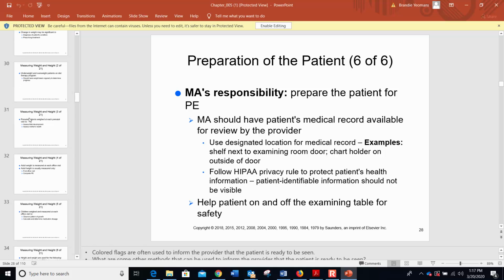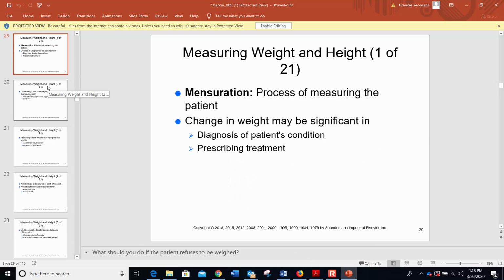But what we're going to do, the base of the scale, which is called the platform, this is the part where the patient steps up and stands. Now keep in mind, most manual scales, that platform is very small and it wiggles around. So be sure to support your patient, hold their hand, put your hand behind their back, and support them as they're stepping up on this platform, because they can really get off balance and feel very scared or even fall.